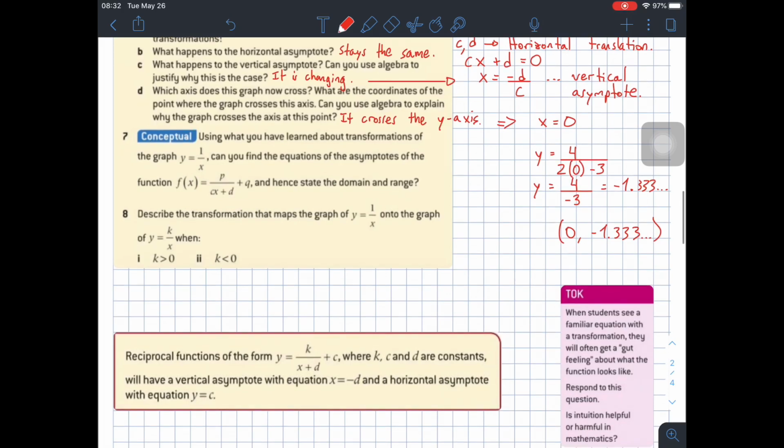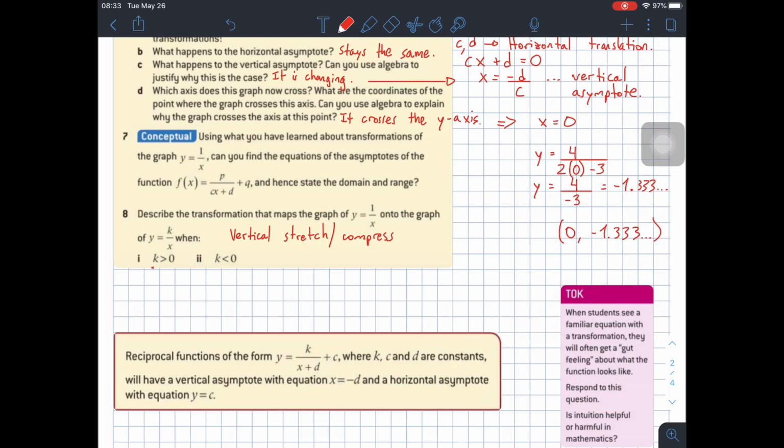So finally it says, describe the transformation that maps the graph y equals 1 over x onto the graph y equals k over x when k is greater than 0 and k is less than 0. As we have seen, when we change this value of k, we are having a vertical stretch or compress, right? Stretch or compress.